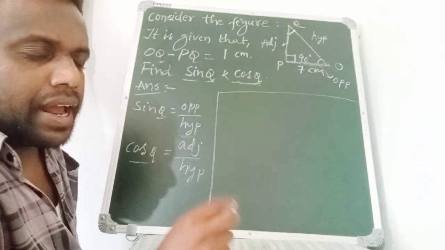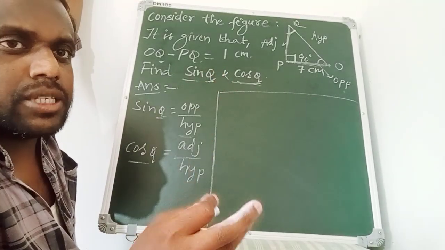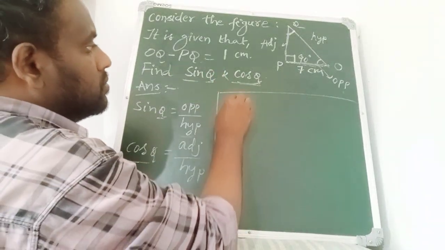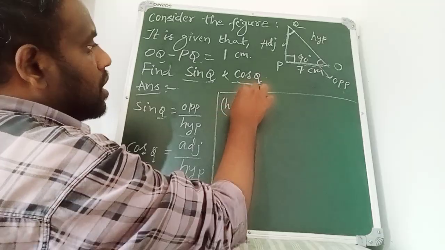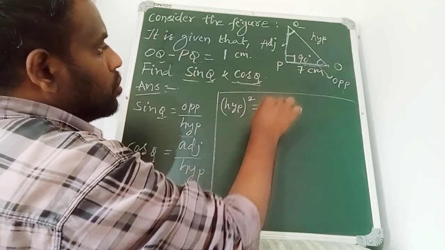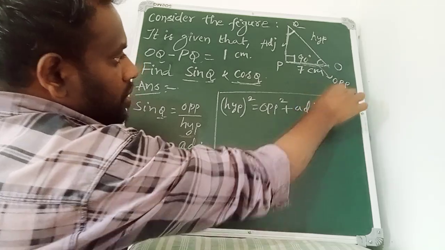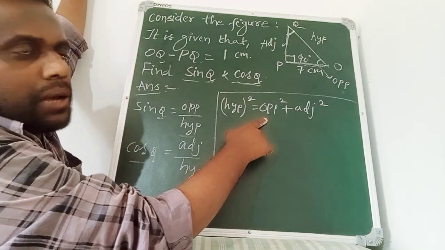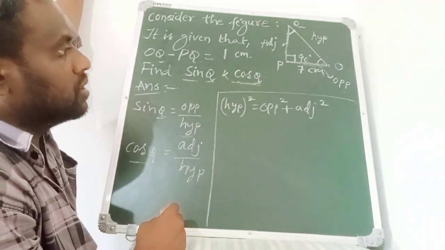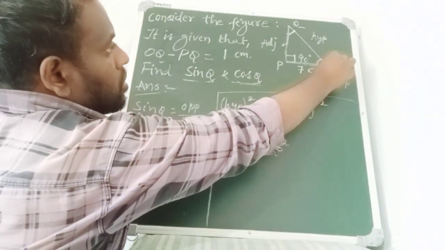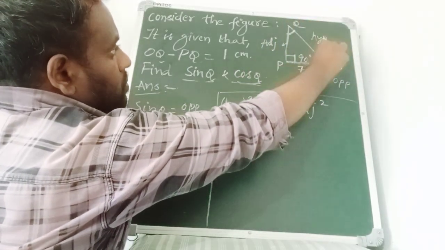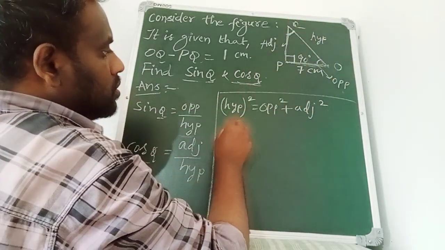See, for a right triangle there is the Pythagoras formula. Hypotenuse whole square is equal to opposite square plus adjacent square. This formula is applicable for a right triangle. Now the hypotenuse is what? This side, OQ.